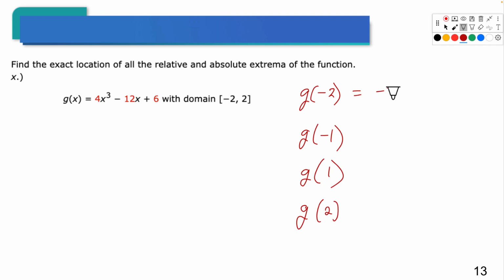And this we saw was -2. This we saw was 14. This was -2. And this was 14 from the calculator, right? And I don't have to show the arithmetic. When we say show your work, you don't have to show that 2 + 2 = 4. No. Okay, so calculators are good for that.